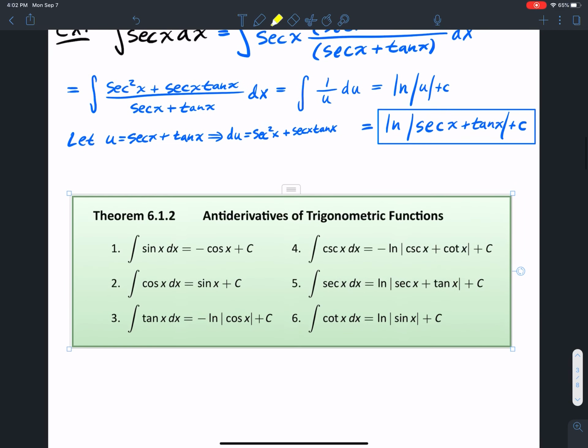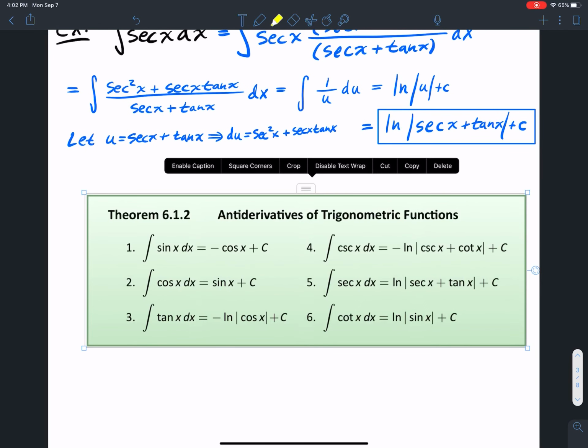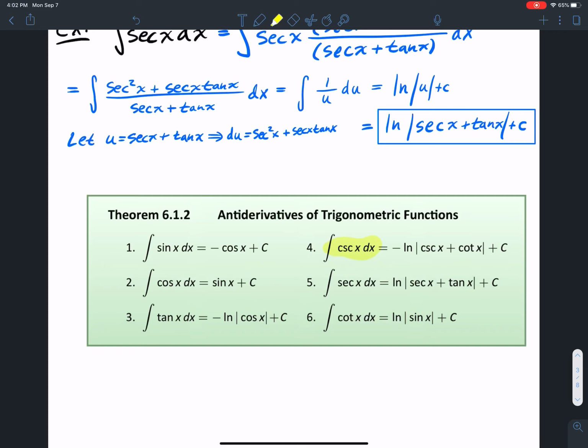The other rules, cosecant is negative ln cosecant plus cotangent, which you can also rewrite as ln absolute value secant x minus cotangent x plus c. That's another way to do that, where it's a plus in front instead of a negative.